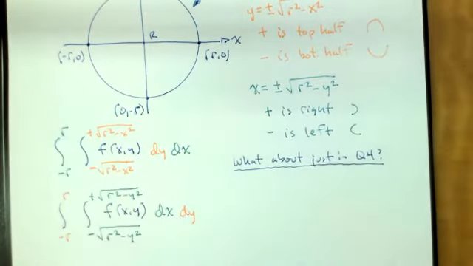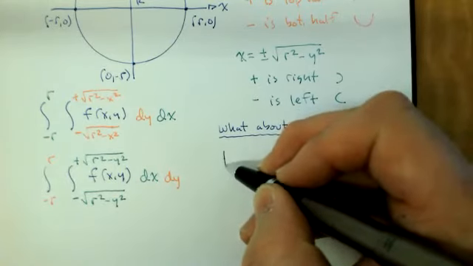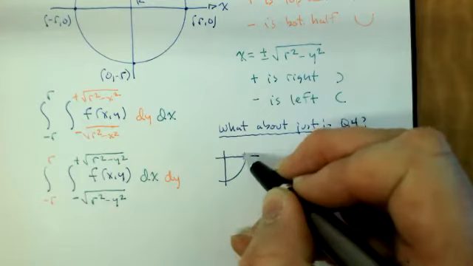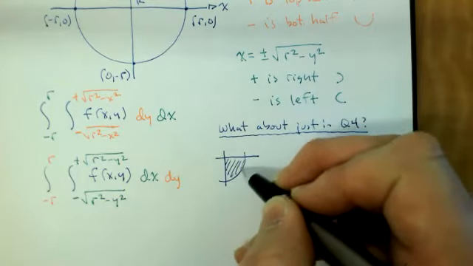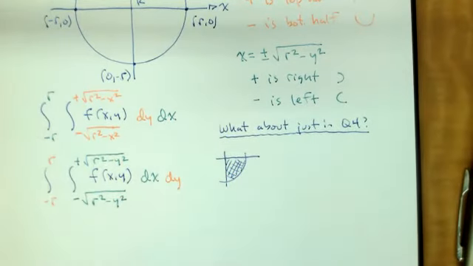What if our region was just the part that was in the 4th quadrant? Still a circle, but just this part. We don't want to integrate over the whole circle. We just want to integrate the part that's in quadrant 4. And as usual, we want to set up 2 double integrals to describe it.